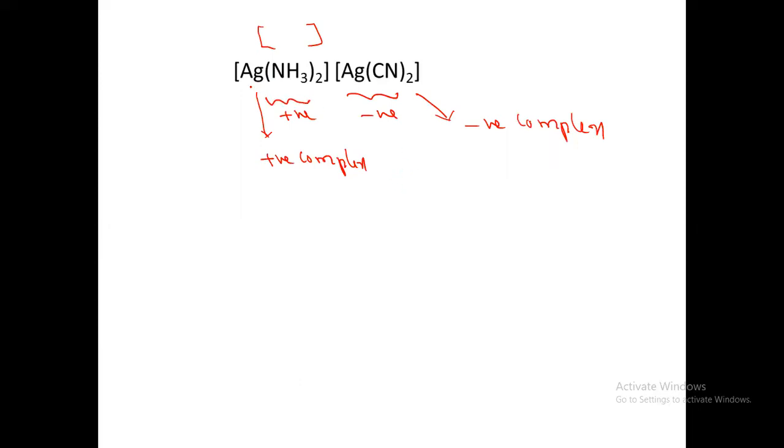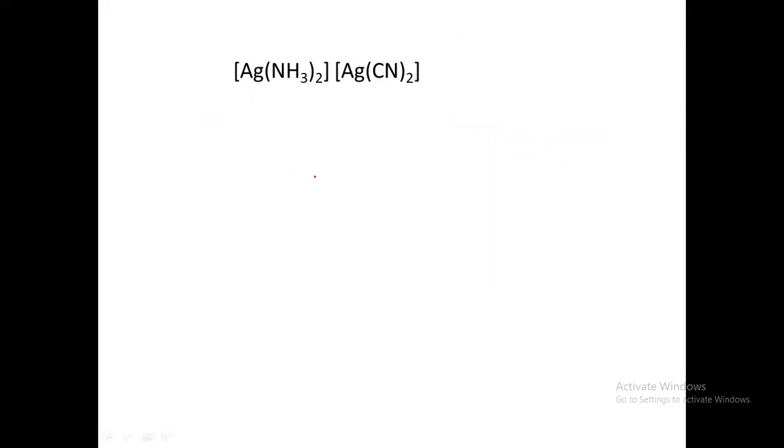Positive complex means we use the metal name as such. So here we use silver, right? Here this is a negative complex. For negative complex we use the metal with ATE, so it's argentate. Okay, that's it. Now, the important thing is in such examples, only one type of ligand will be negative.